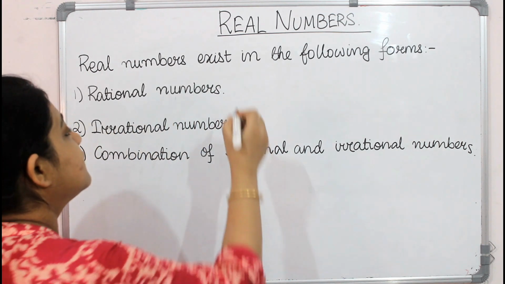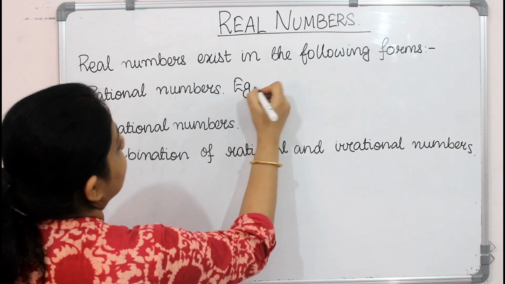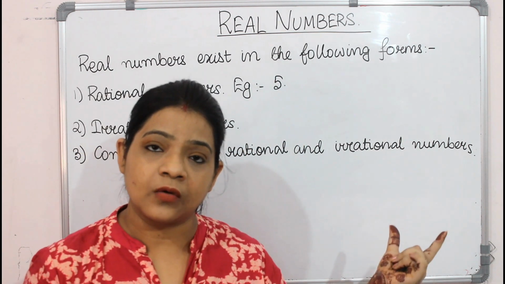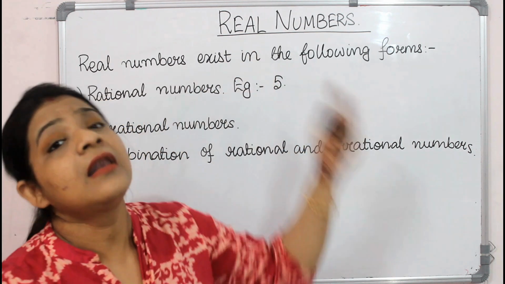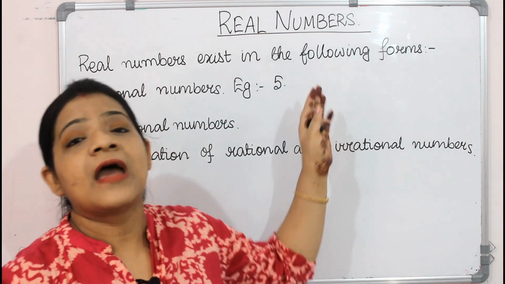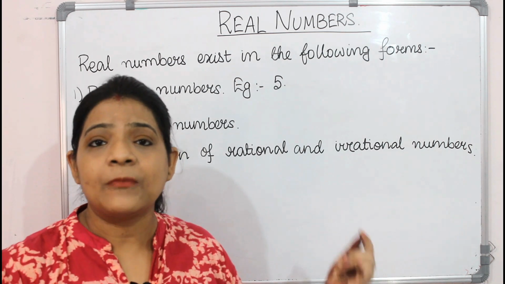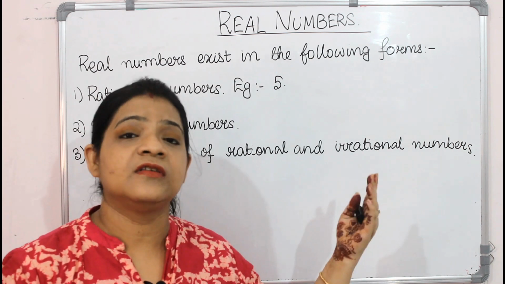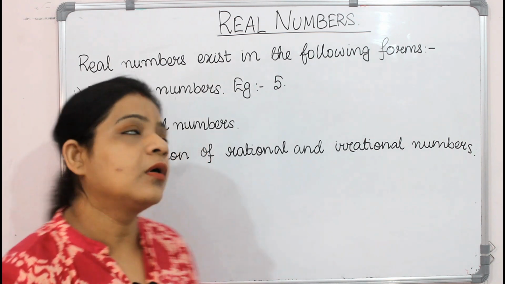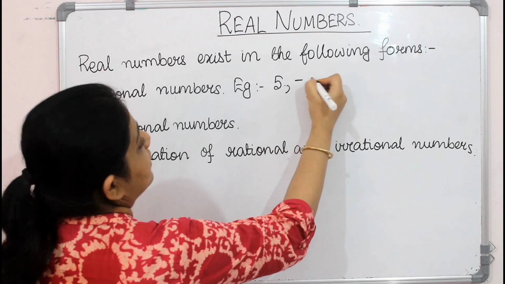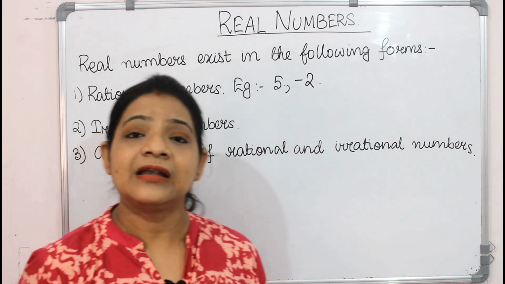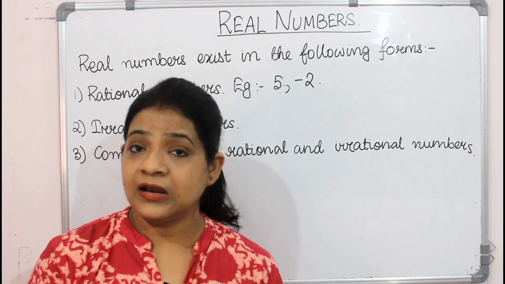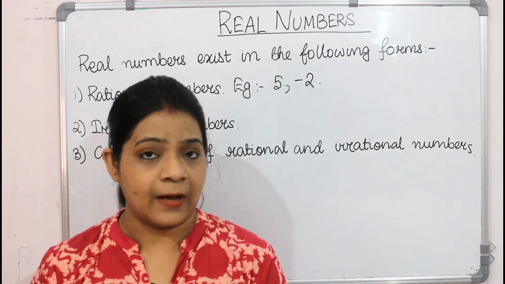An example I can give is 5. 5 is a rational number, and a real number also. 5 is an integer, a natural number, and a whole number. If I talk about -2, -2 is a negative integer, and it can also be addressed as a real number as well as a rational number.